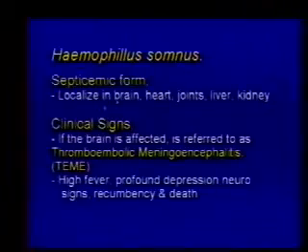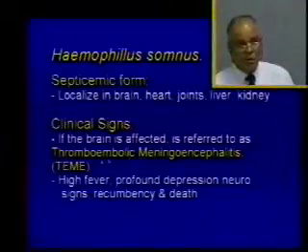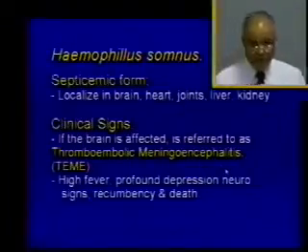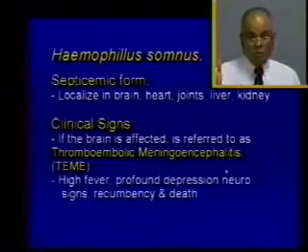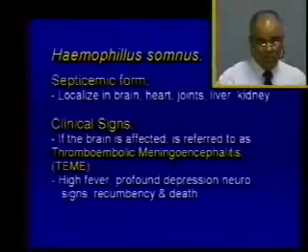Haemophilus somnus, the septicemic form, may localize in the brain, the heart, joints, liver, and kidney. So we have respiratory, reproductive, and then a septicemic form. The clinical sign, if the brain is affected, is referred to as thromboembolic meningoencephalitis, TEM, which is a more common disease seen in feedlot cattle.